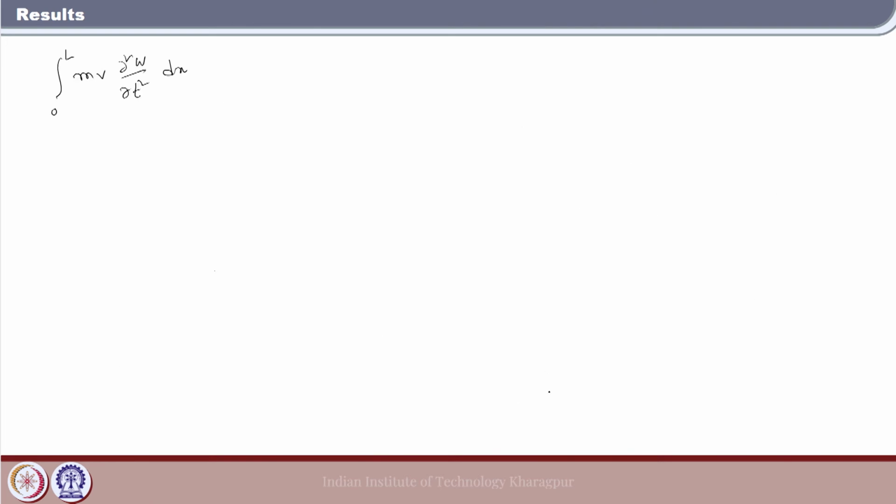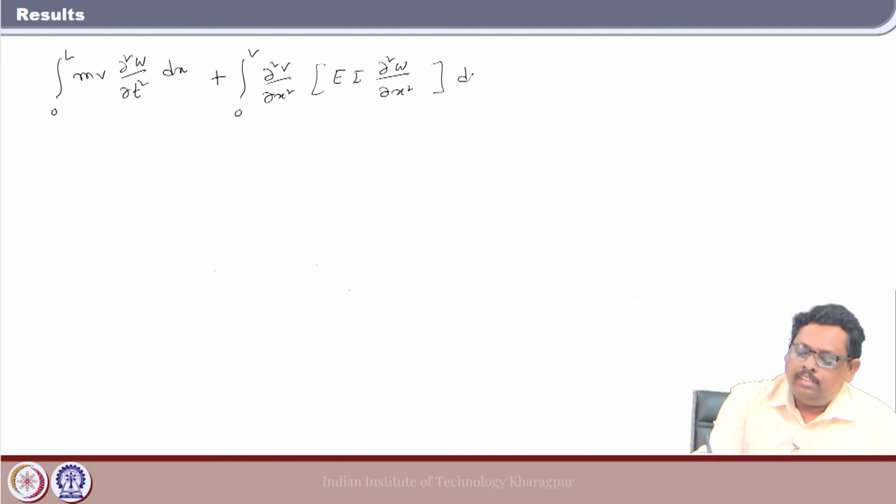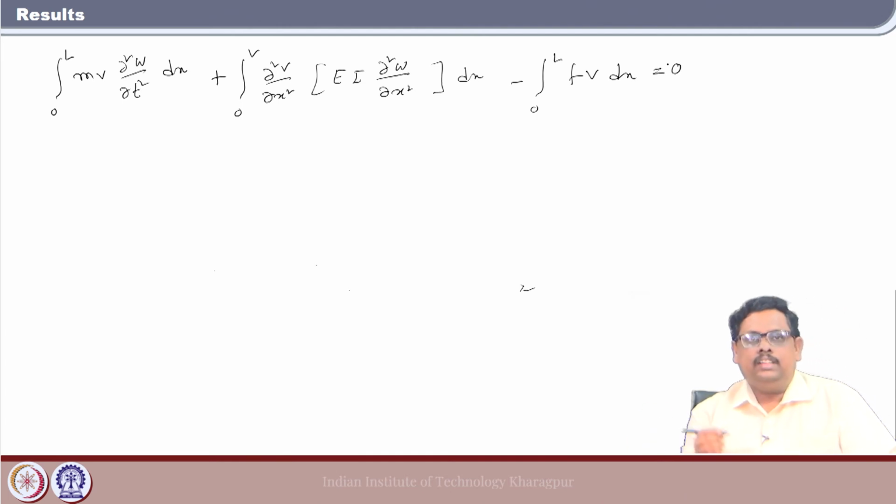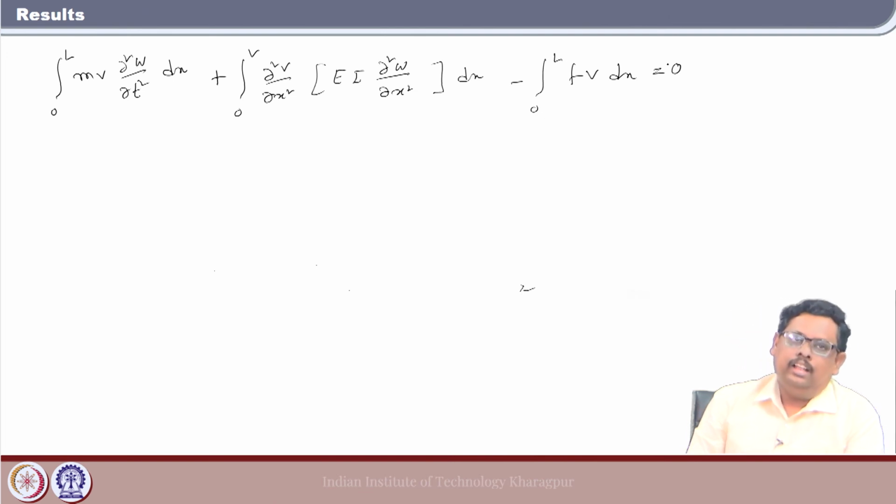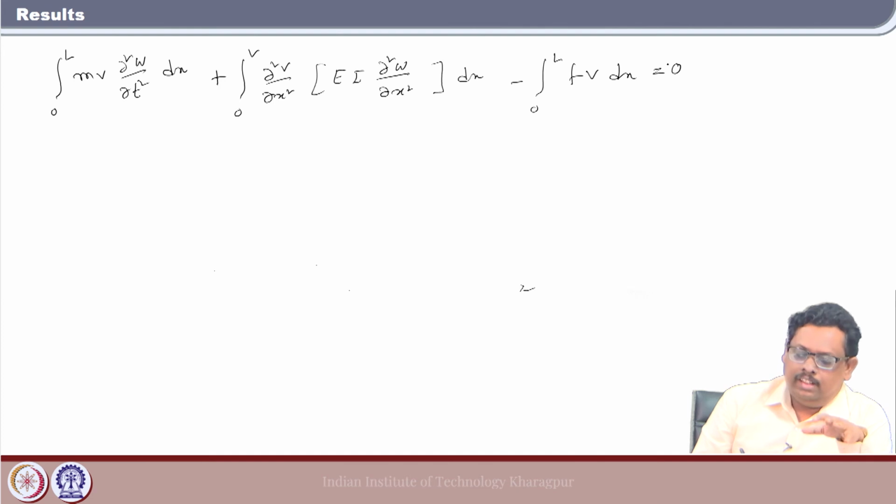So, plus 0 to L ∂²V/∂x² EI ∂²w/∂x² dx, and minus 0 to L f V dx, that should be equal to 0. Now, this is the final formulation. So, now we have to find out the value for this, and now this finite element concept we can use.